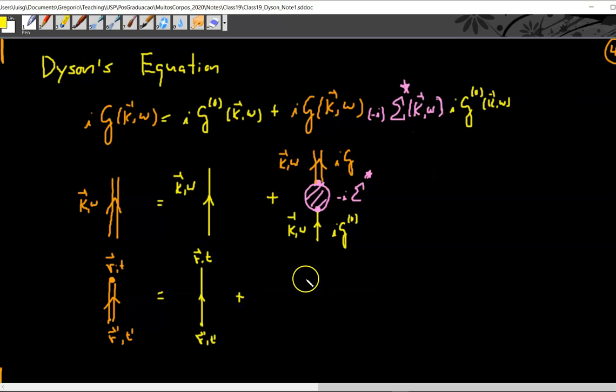But this would be a similar diagram, except that now I would have to have an integral over internal coordinates. It would be r prime t prime.